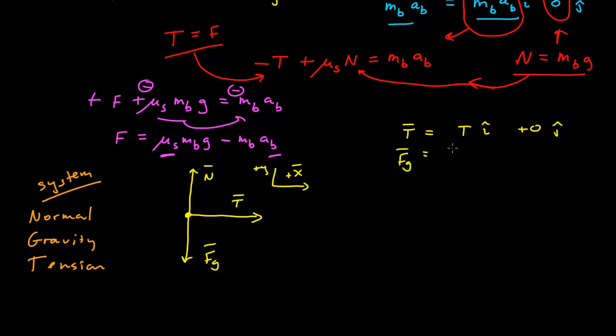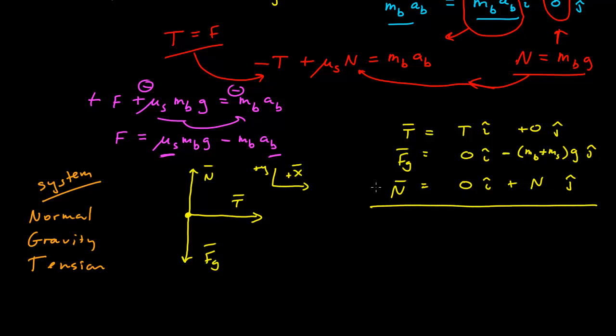The force due to gravity gives me nothing in the i, and the combined force due to gravity is the total mass of the block plus the mass of the sled times j hat, in the negative y direction. And the normal force then is 0 i plus its entire magnitude in the positive j direction.